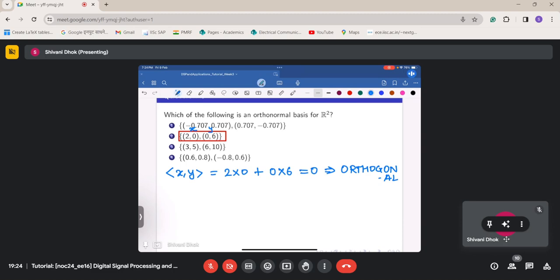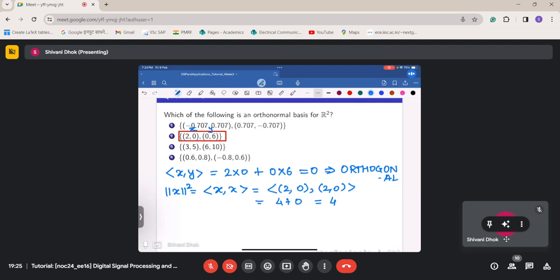So for checking orthonormality, we need to look at the norm of each individual vector. So let's look at this quantity, x, comma x. So what does x, comma x mean? Individually this will be 2 into 2, 4, plus 0 into 0, 0. So this is 4.